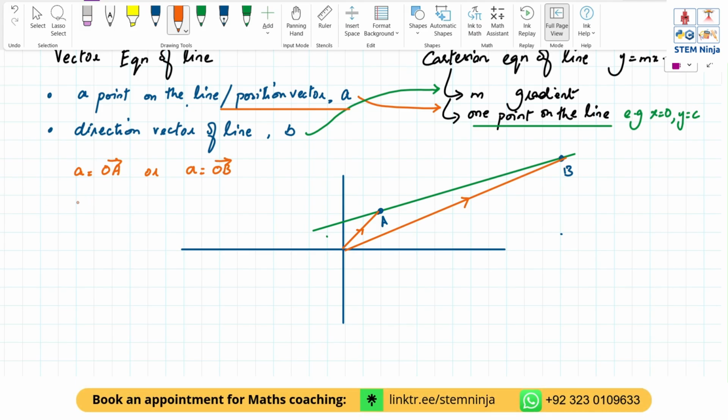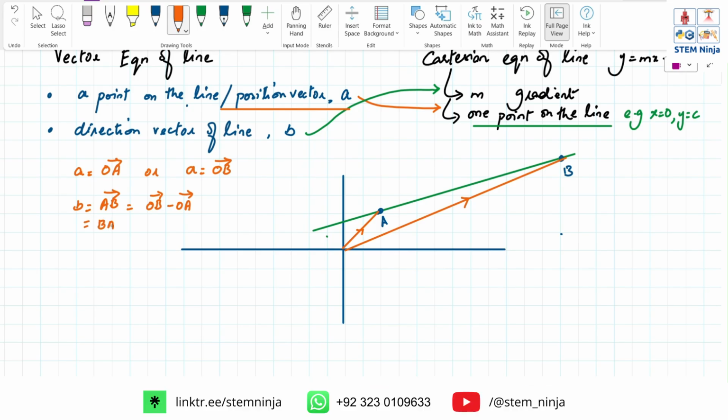Now, what about the direction vector? Direction vector could be AB. And we know how AB can be written. That is simply OB minus OA. However, since we just need a direction, it could be BA also. That could be written as OA minus OB.